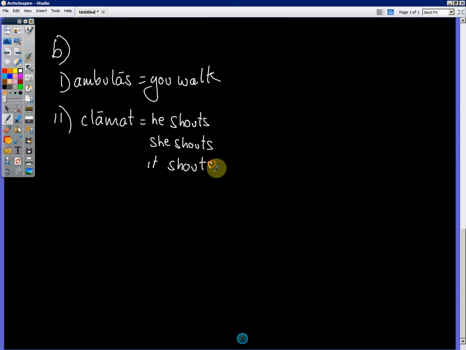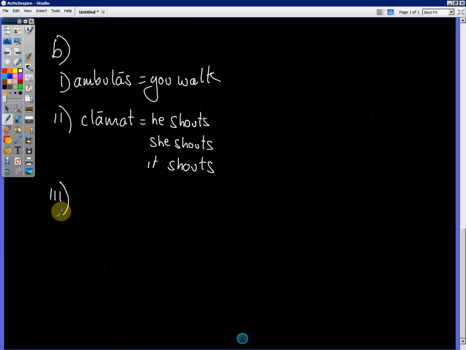You take your pick. When you get on to translating whole sentences and whole paragraphs in Latin, you have to translate a word like clamat according to the context which you think makes sense in the passage. So it could be a he, a she, or an it.